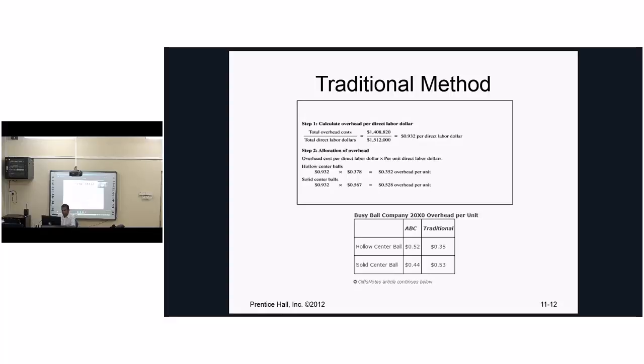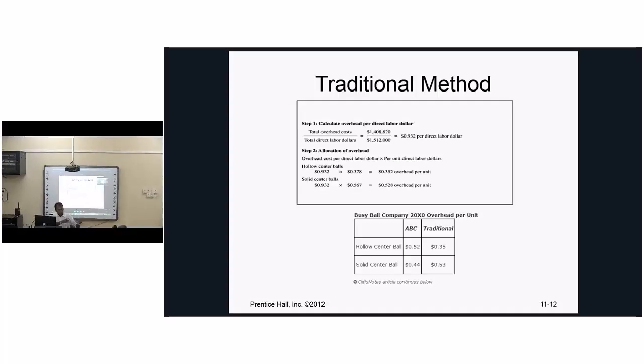However, if you do it with activity-based costing, 0.44. Imagine if you don't use activity-based costing and use the traditional method for costing. Hollow center ball is under cost, whereas solid center ball is over cost. However, if you do the activity-based costing, you will be able to get the real pricing.